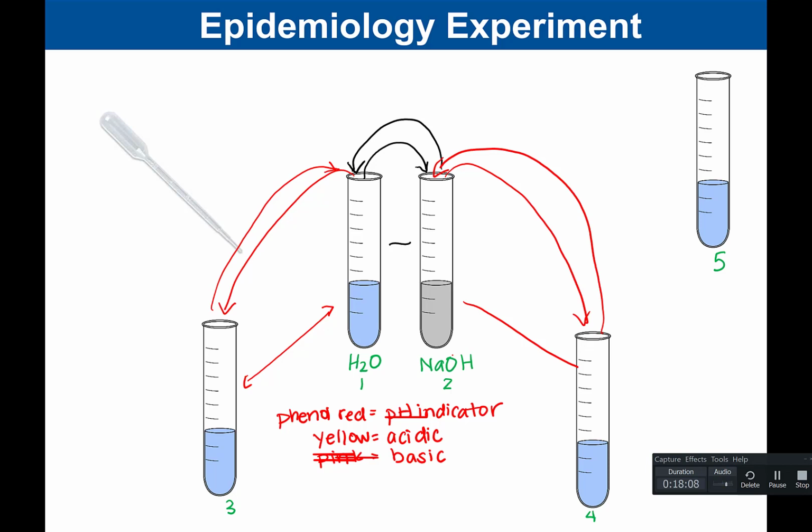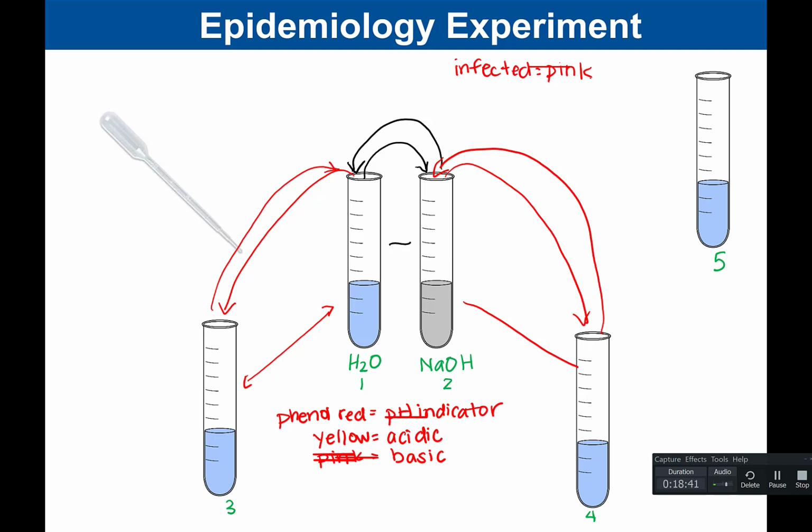So after we make our contacts, if I were to come around and add phenyl red to the solution, if somebody is infected, what color would their tube turn? Sodium hydroxide is a base, and so if somebody was infected, their tube would turn pink.